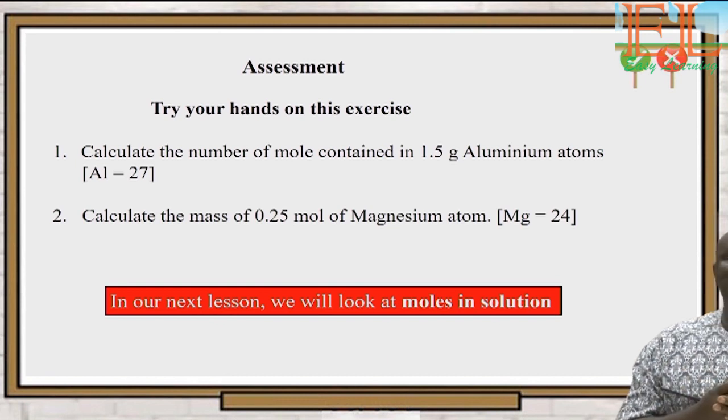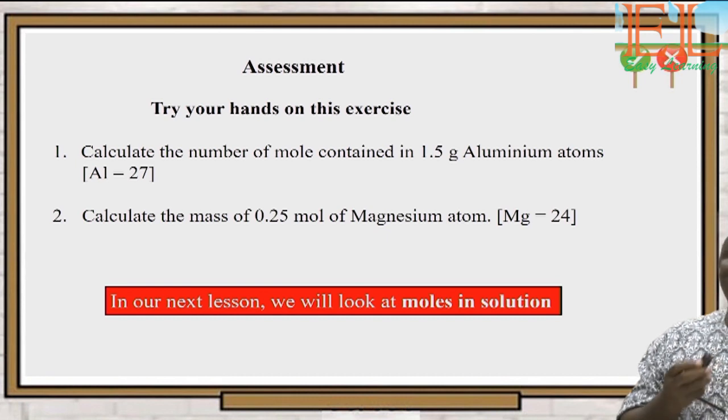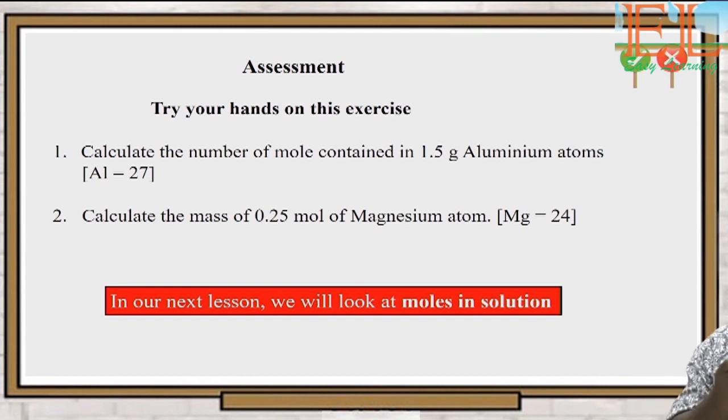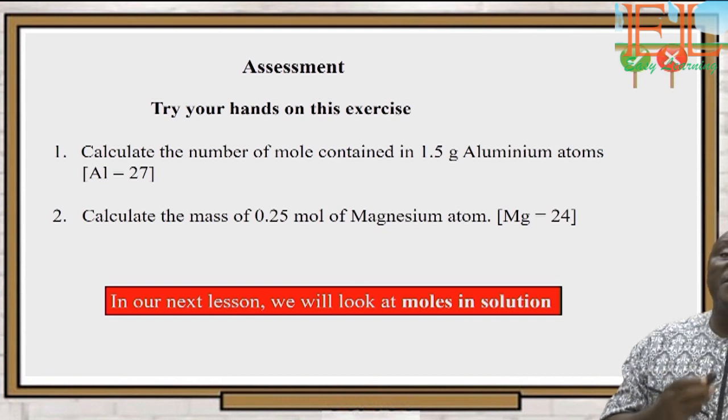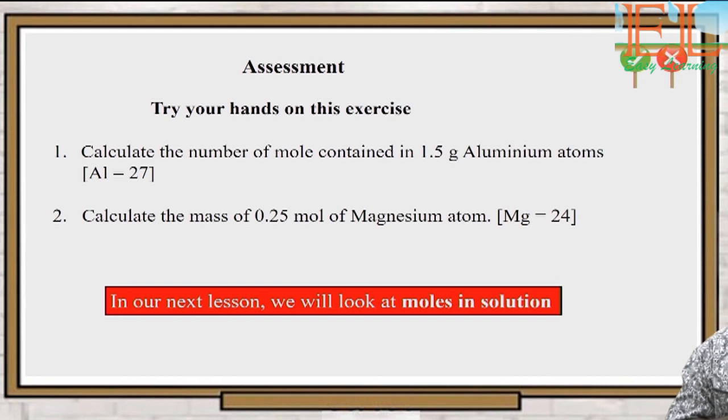Question 2. Calculate the mass of 0.5 moles of magnesium atom, given that the relative atomic mass of magnesium is 24. In our next lesson, we will look at moles in solution.